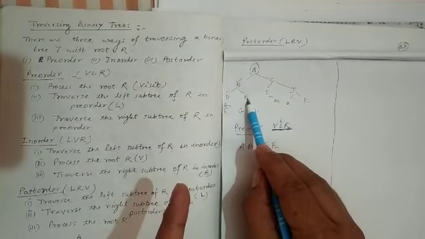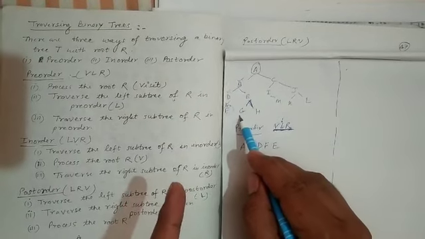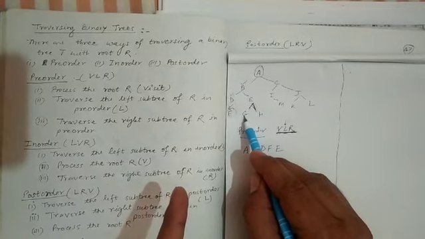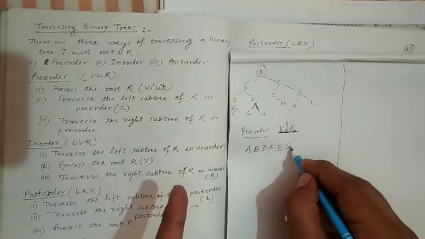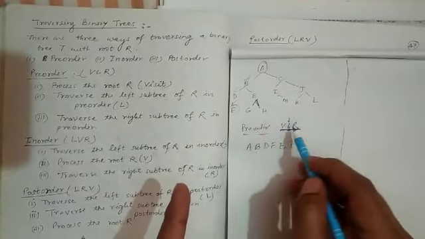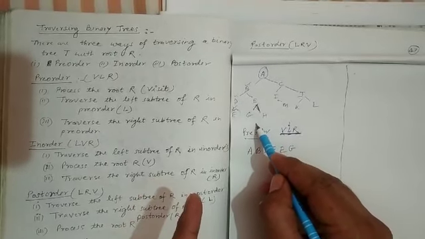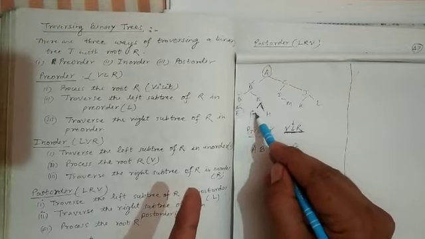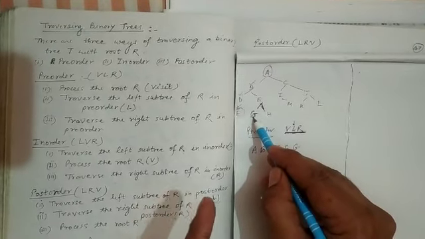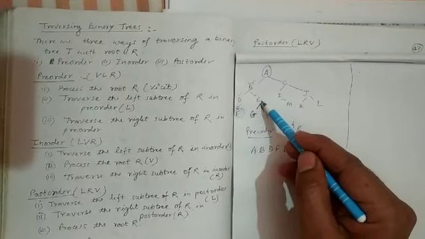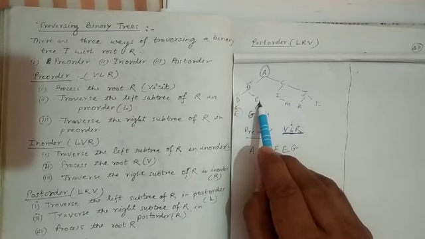Now again the second part is move left side. You will move left side, G. Here again VLR will be called. So VLR says first visit the node, G is visited. Then the second part says move left side, no left side, move right side, no right side. So VLR is completed for this node G. Now again come back to this node E. What steps are completed for this node E?